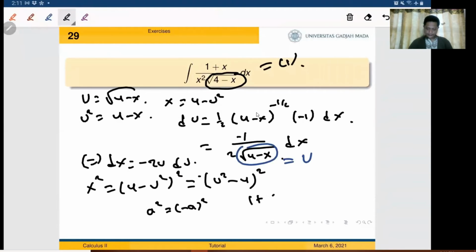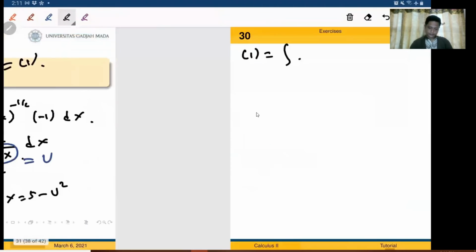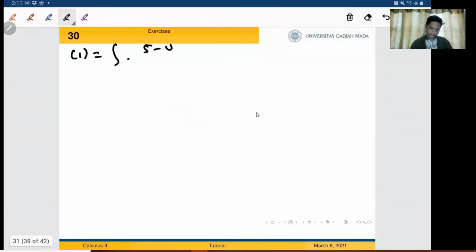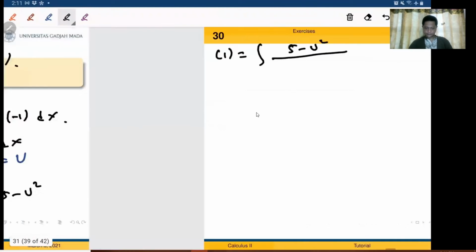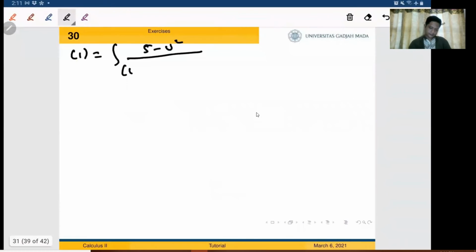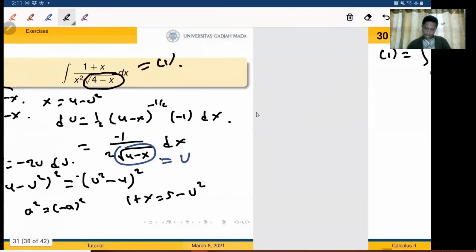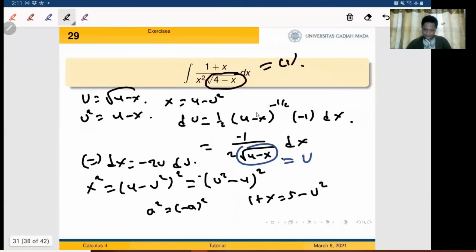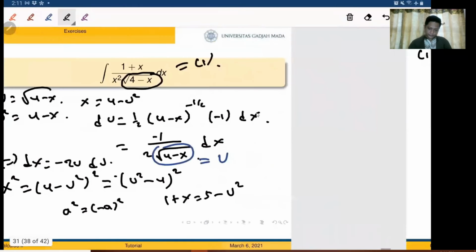So 1 plus x should be 5 minus u square, right? So I have 5 minus u square over what? I have x square. Where is my x square? My x square is here: u square minus 4 square. Wow, looks complicated.